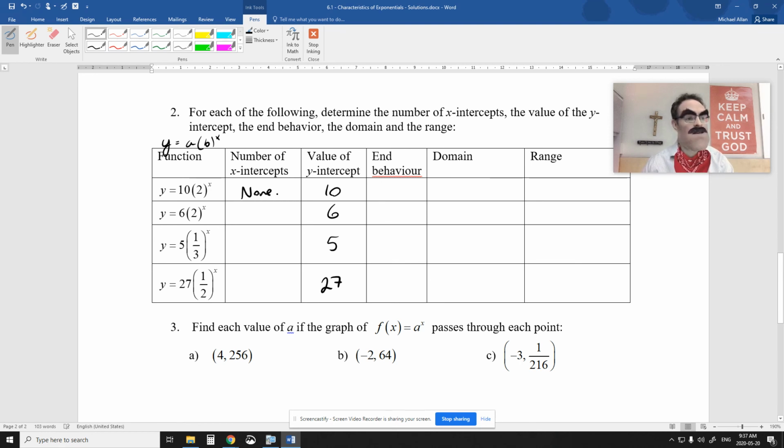But I can also say that all of these have no x-intercepts, and all of these go from quadrant 2 to quadrant 1, and all of these have the exact same domain and range, right? The only thing that changes for all of these graphs is just the y-intercept.